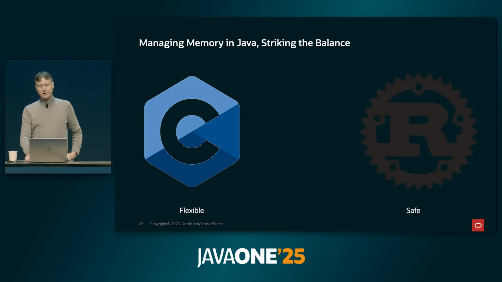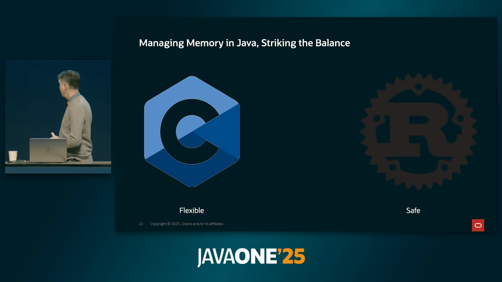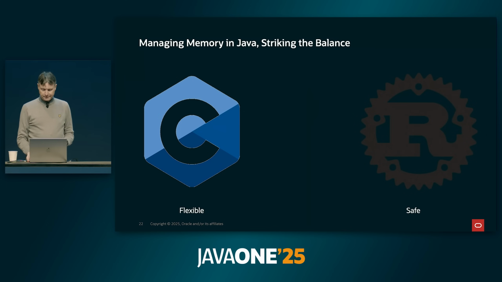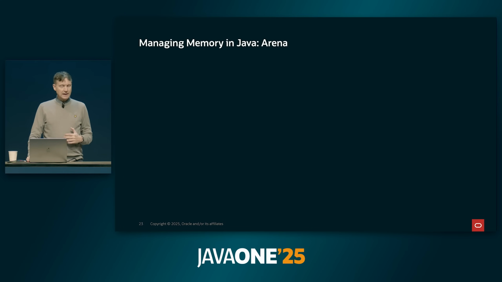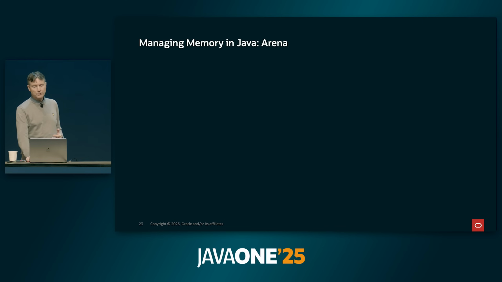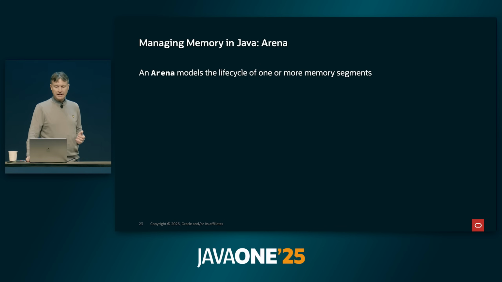So what we wanted to end up with was a balance between flexibility and safety. The way we did that was to introduce a concept called arena. An arena models the life cycle of one or, importantly, more segments.